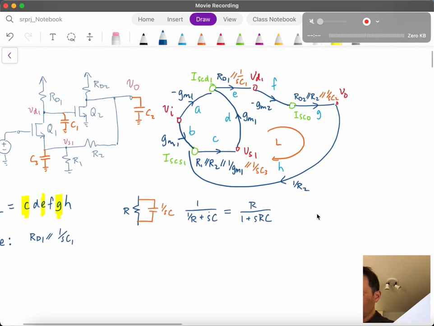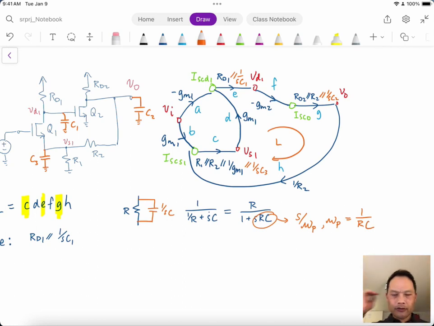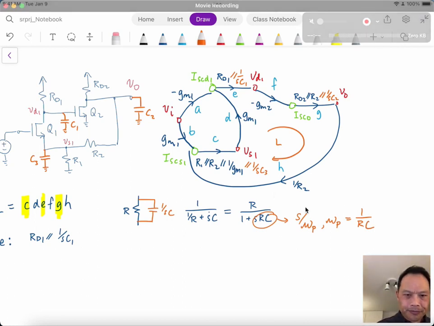And a reminder that the SRC we can also write as S over omega P, where omega P is equal to 1 over RC from EC 212.